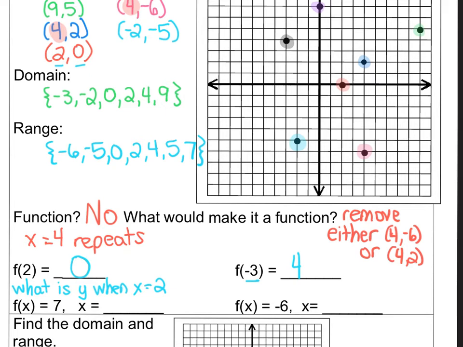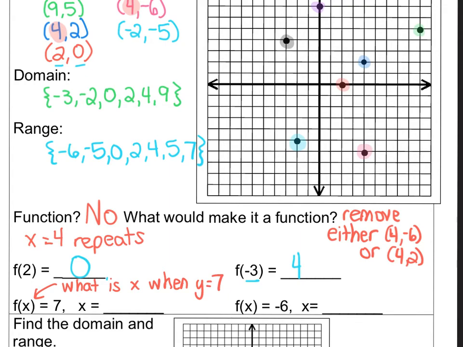So now we've got f of x equals 7. So this is a little different, okay? So what this is meaning is that they gave you the y value, and now they're asking for this particular problem, what is x when y is 7?